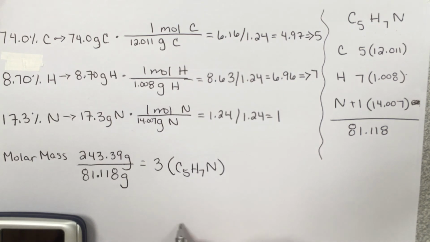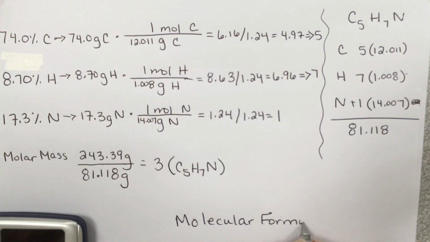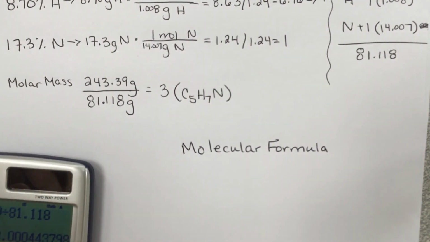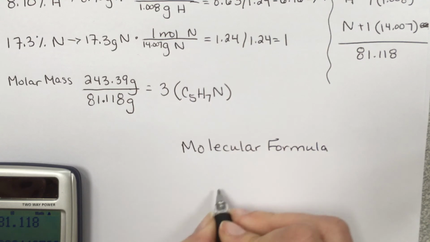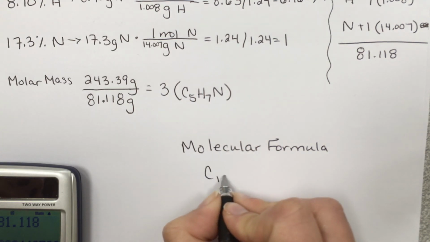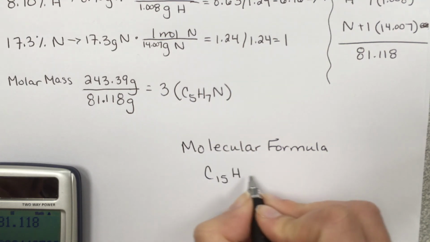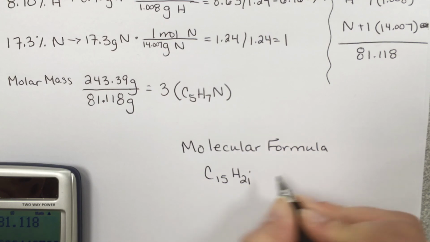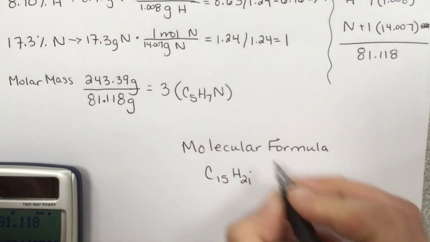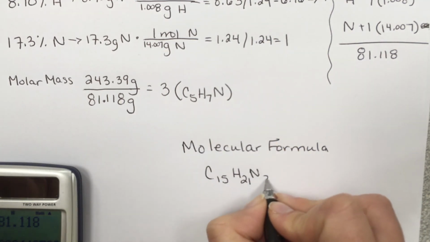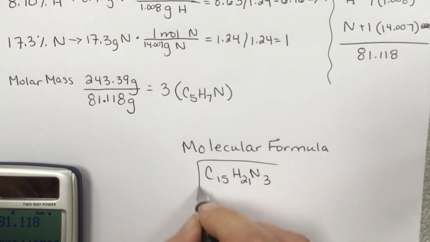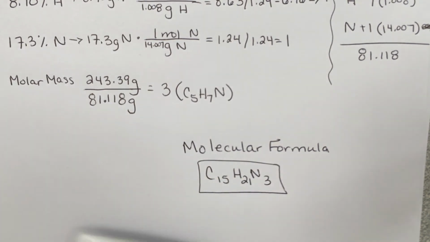And so then the molecular formula will be 3 times 5 is 15, so C15. 3 times 7 is 21, and 3 times 1 is 3. So this would be the molecular formula.